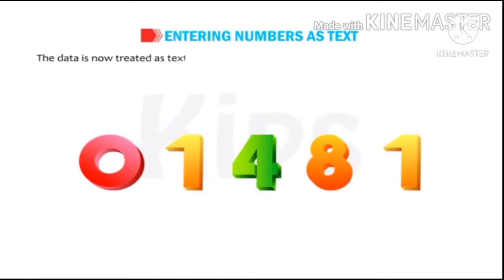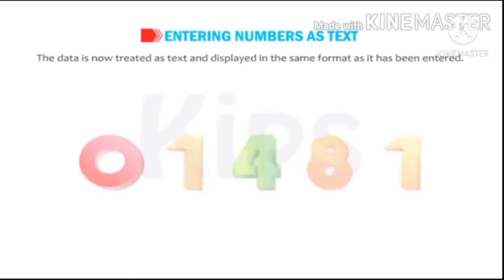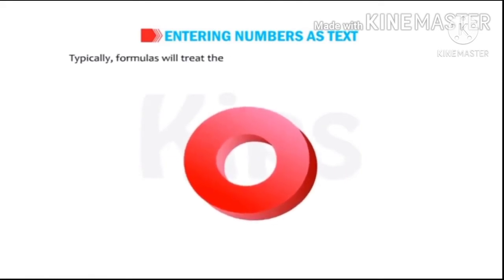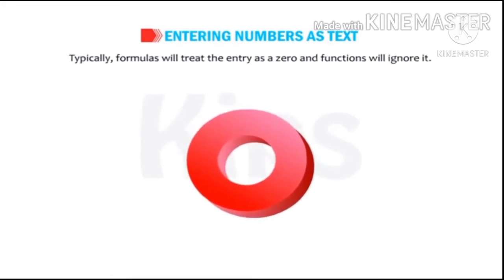The data is now treated as text and displayed in the same format as it has been entered. Typically, formulas will treat the entry as a 0 and functions will ignore it.